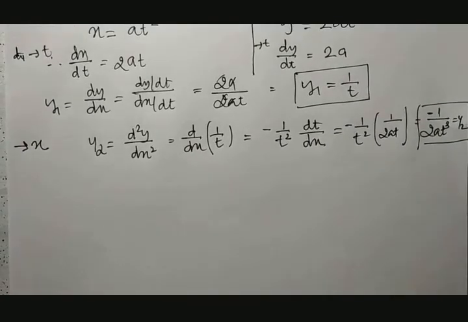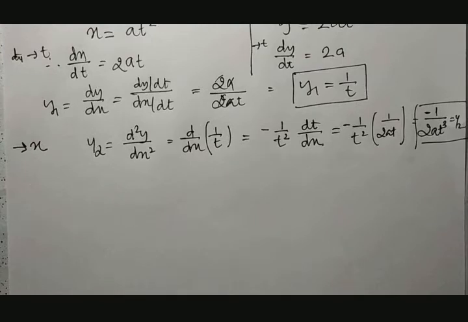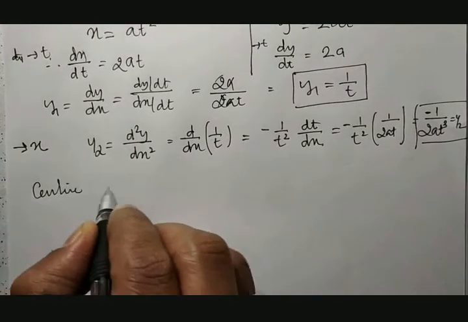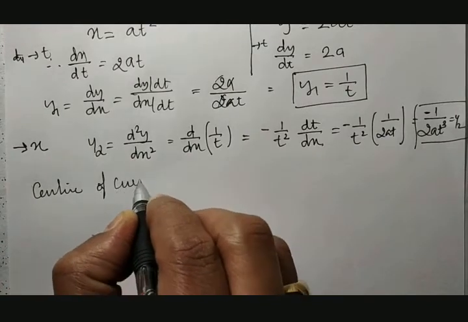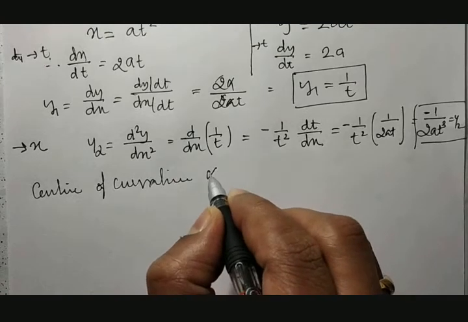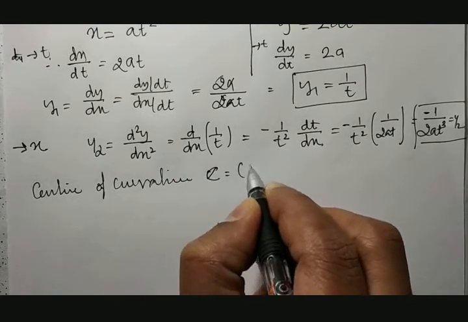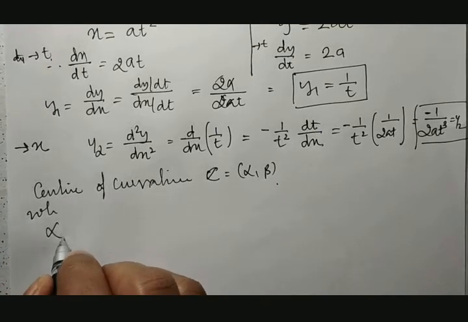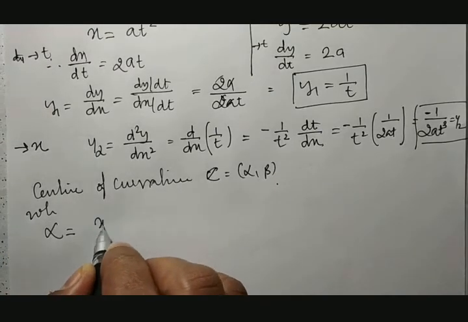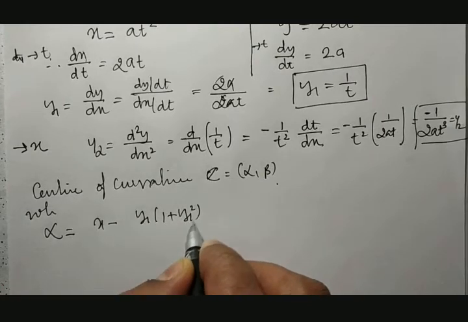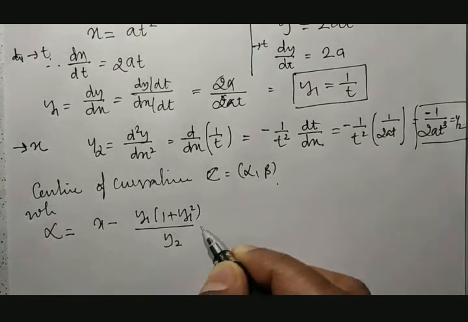After getting y1 and y2, what to do? We need to go for center of curvature. This already we discussed. Center of curvature is nothing but C is equal to alpha beta, where alpha is equal to x minus y1 into 1 plus y1 square divided by y2.